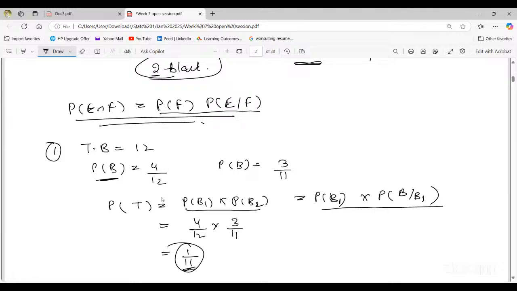So we could have gone for 4C2 by 12C2, right? Should it be going in the same direction? 4C2 divided by 12C2.